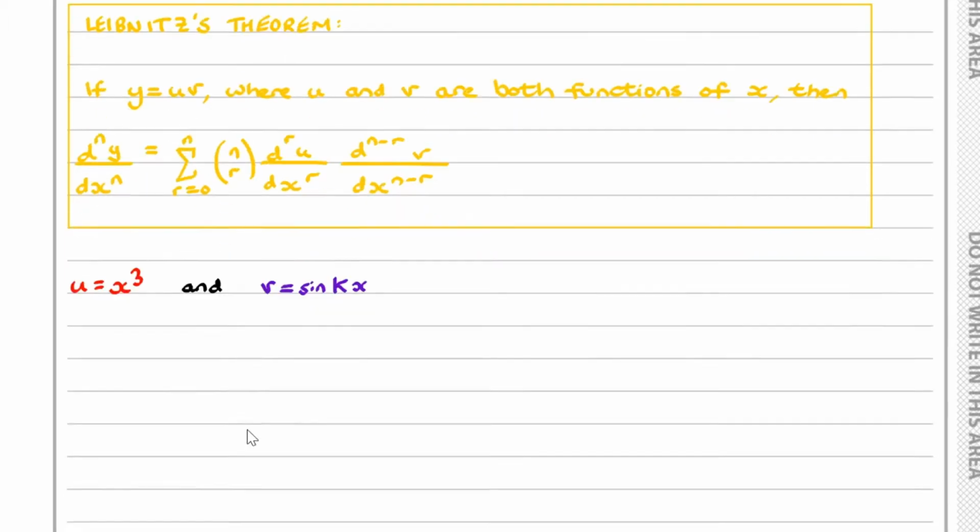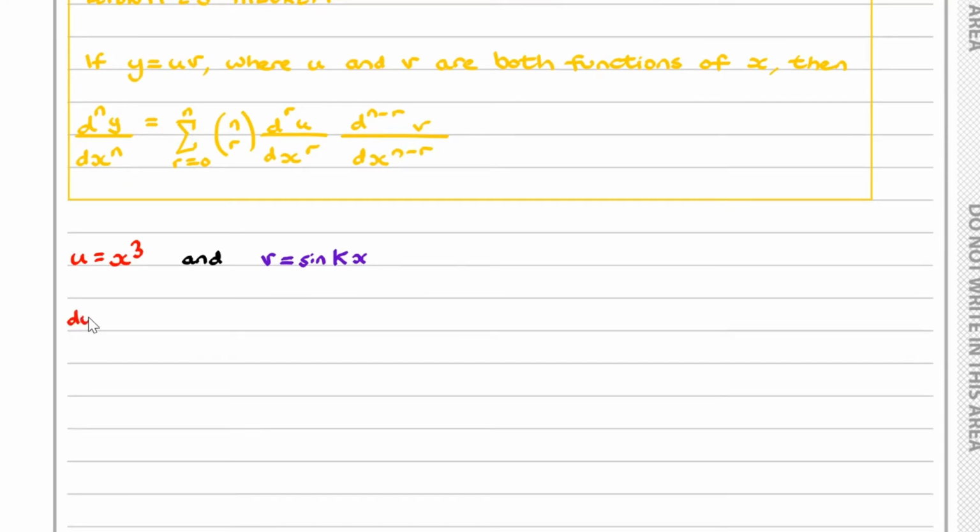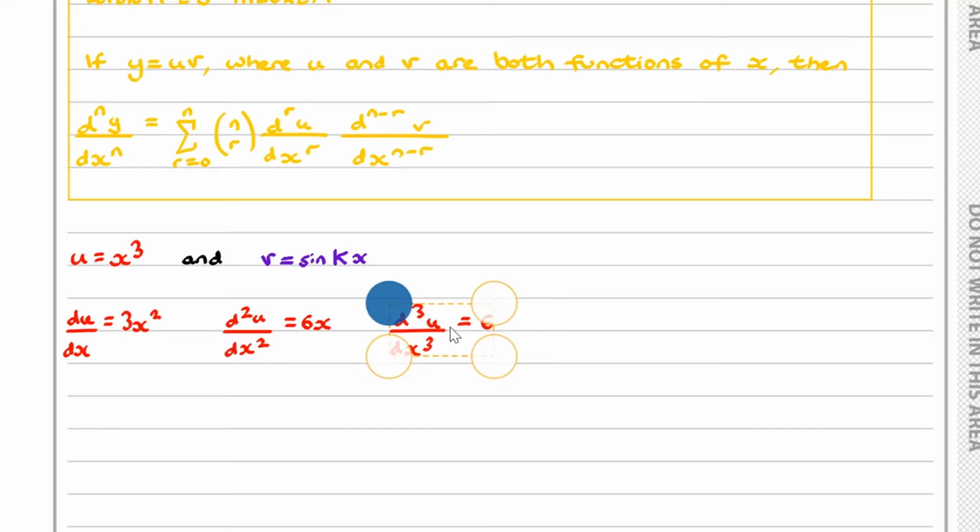Working out the derivatives, du over dx, you'd find that to equal 3x squared. d squared u over dx squared, you'd find that to equal 6x. d cubed u over dx cubed, you'd find that to equal 6.